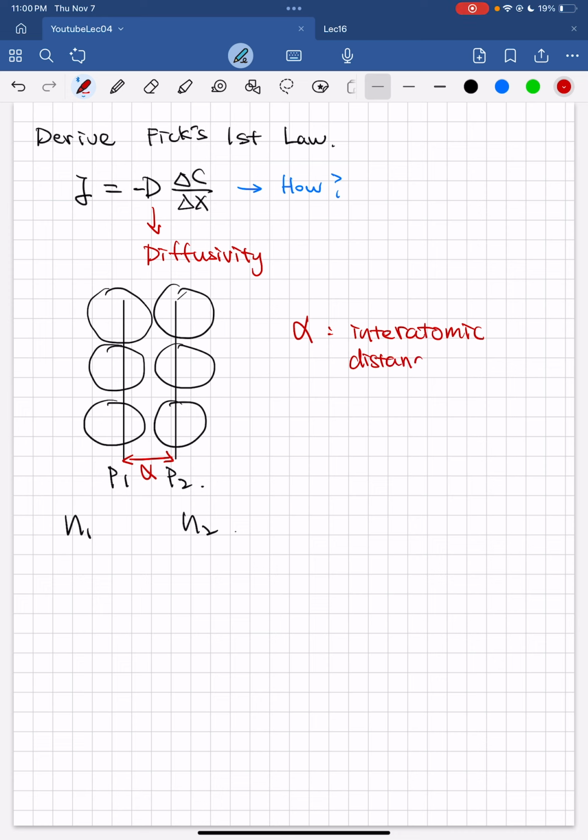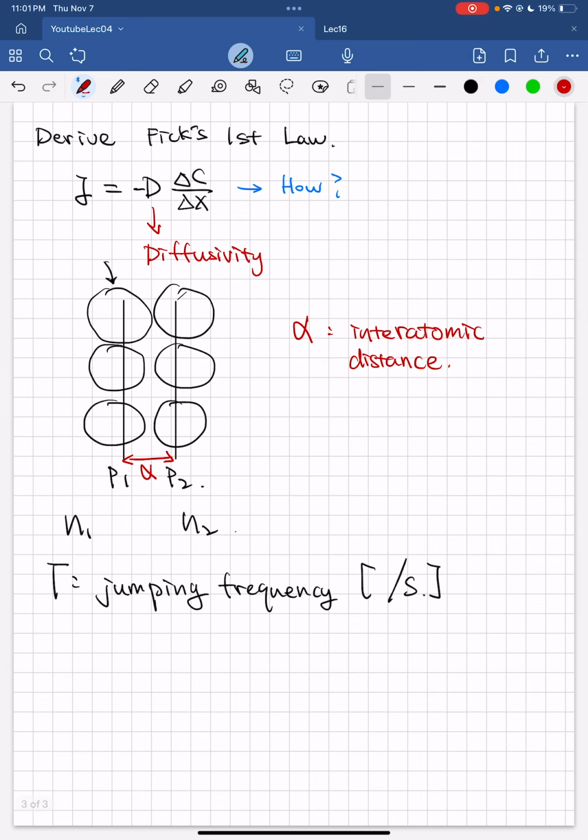Now, when you think about the atoms here on plate 1, then this atom will have a jumping frequency. We call it jumping frequency, gamma. Of course, it has a unit of per second because it's frequency.